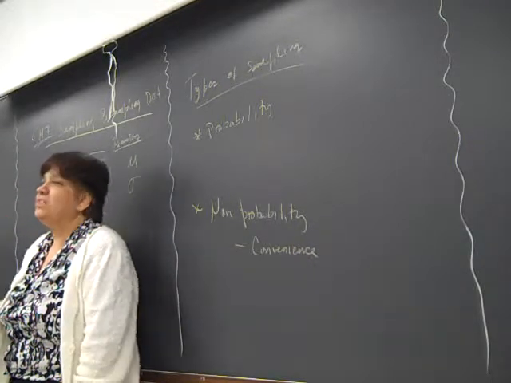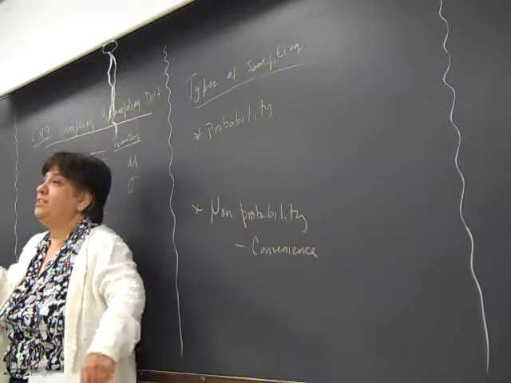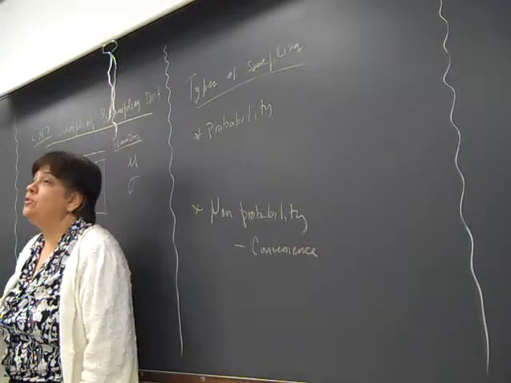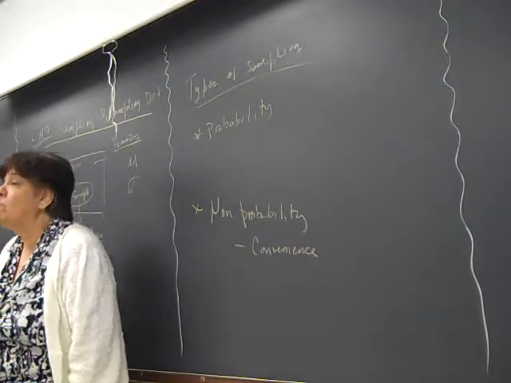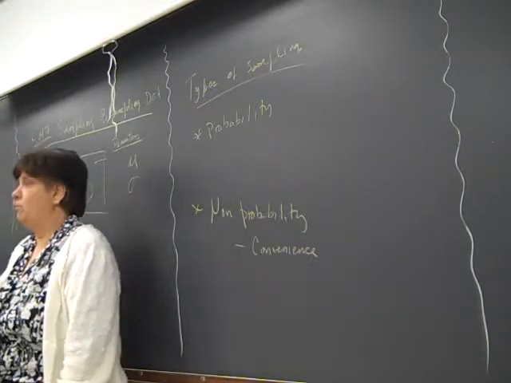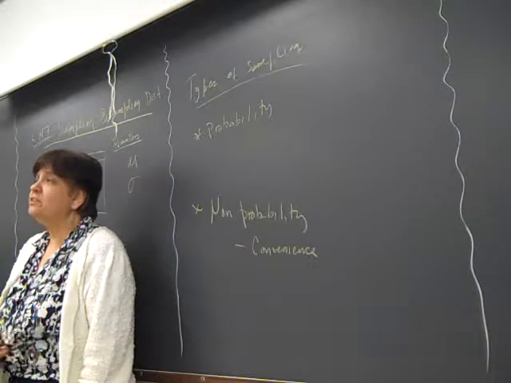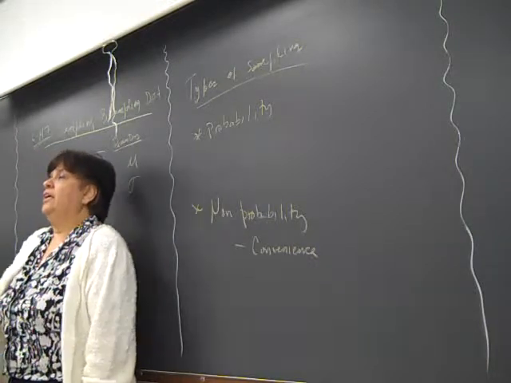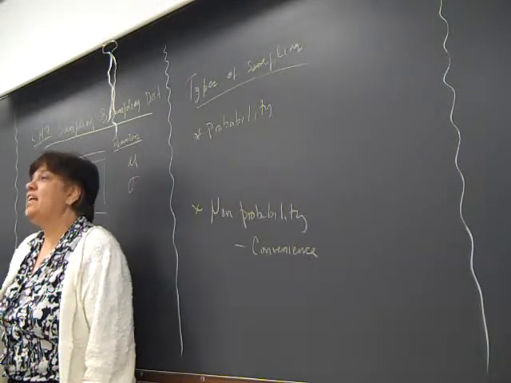Let's say that I'm interested in the population of students in the United States. What am I going to do? I'm going to use you as a sample because it's convenient for me. I have you already here in this room. Okay? So it's a convenient sample. Is it representative?